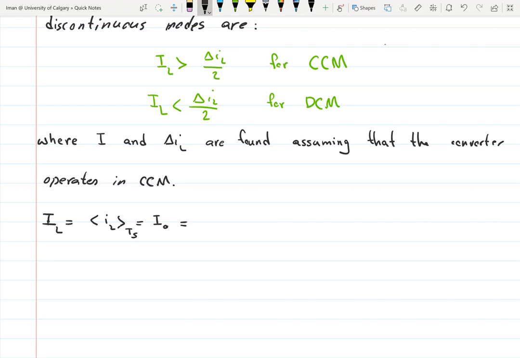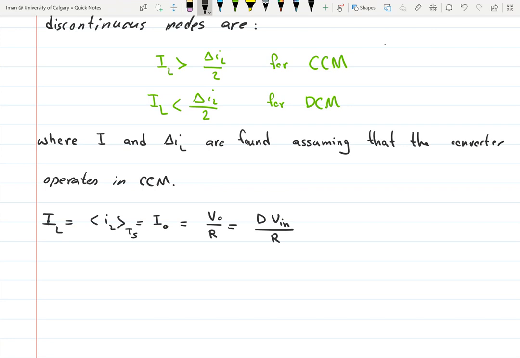Which is equal to V out divided by R, and because we are assuming that the converter operates in CCM, V out is D V in, so this is D V in divided by R. If it's not, this equation won't hold, and therefore we will conclude that we have to be operating in DCM.